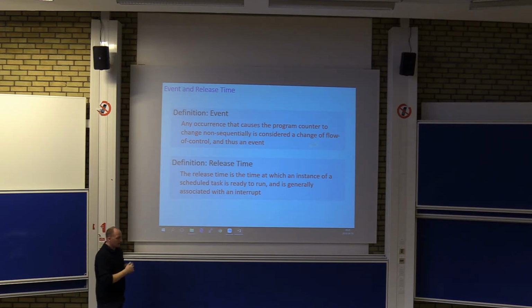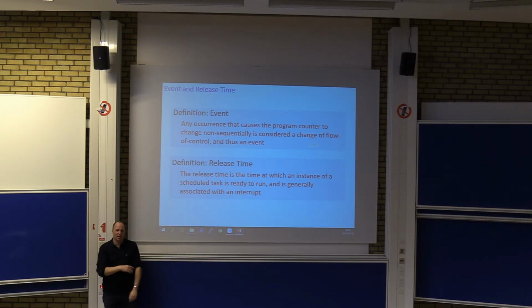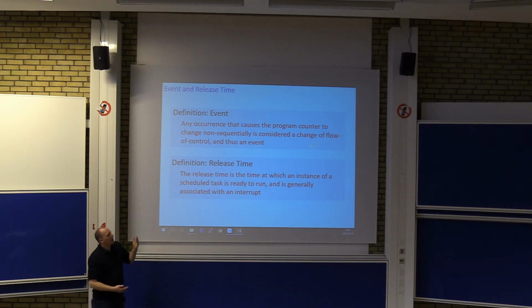Events could also be connected to timers. That's another very common use of events. In a control system we have periodic events, because we would like the control algorithms to be executed periodically. The way we do that is that we connect an interrupt to a timer inside the processor.